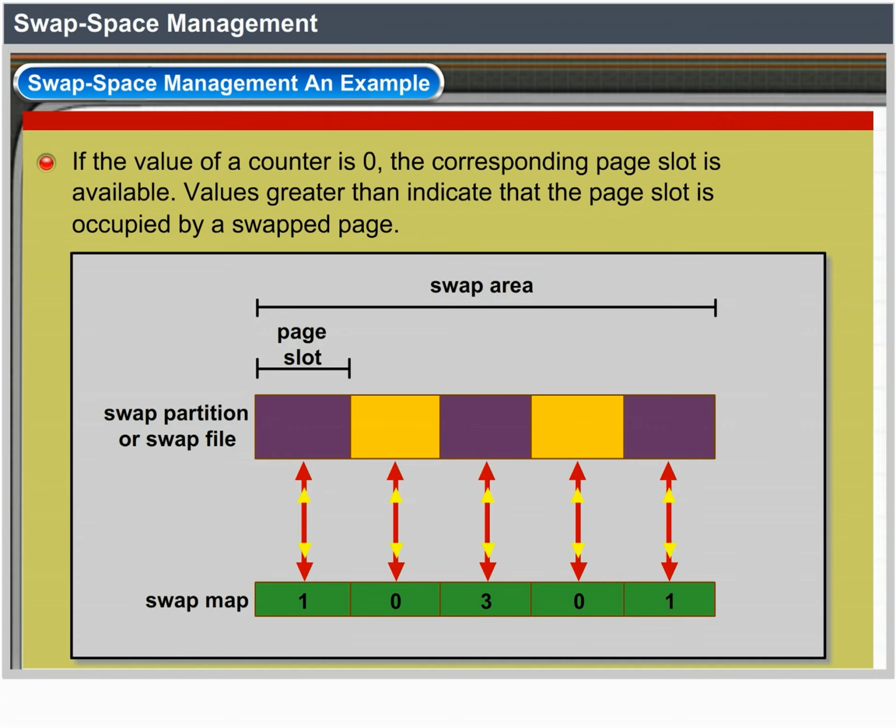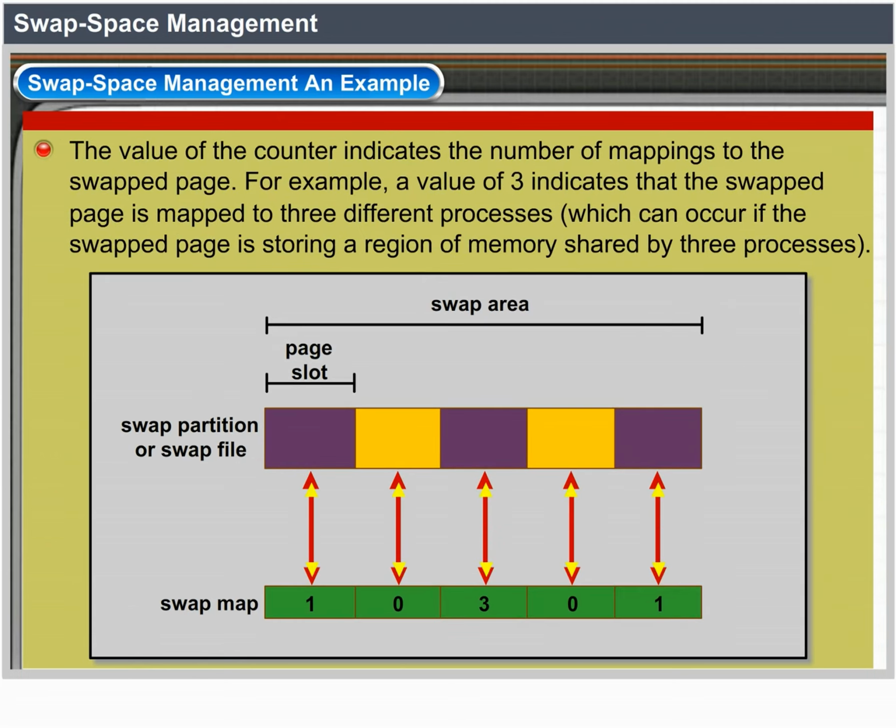The value of the counter indicates the number of mappings to the swapped page. For example, a value of 3 indicates that the swapped page is mapped to 3 different processes, which can occur if the swapped page is storing a region of memory shared by 3 processes. The data structures for swapping on Linux systems are shown in the figure.